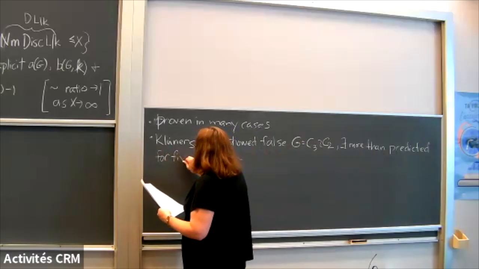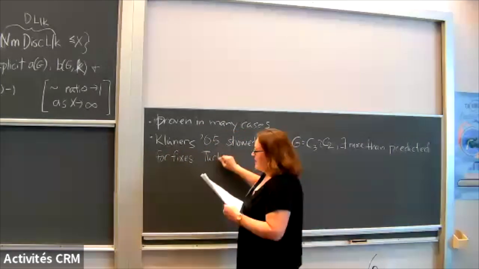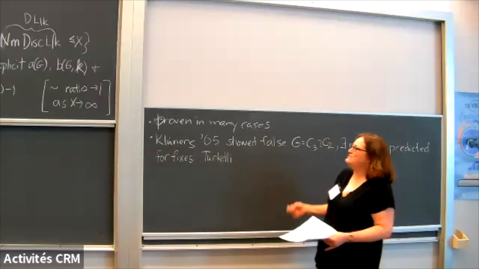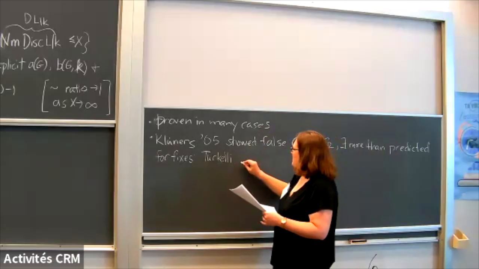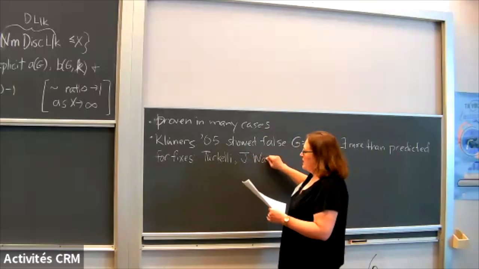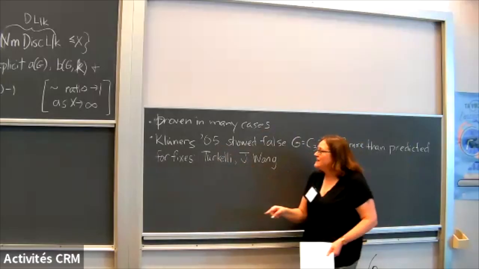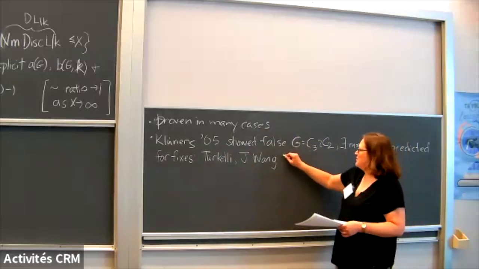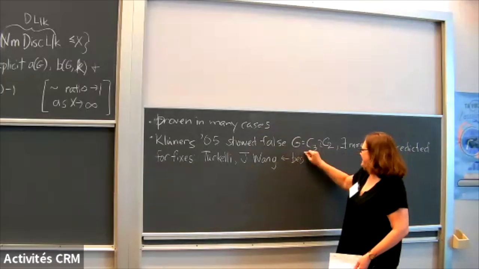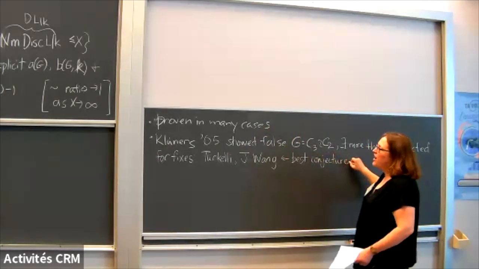So for fixes, originally there was an improvement, a suggestion that overcomes some of the counterexamples, due to Chaire, and then Jiuya Wang has a recent paper showing counterexamples to Chaire's fix, and I would say this is the most updated conjecture we have on this so far.